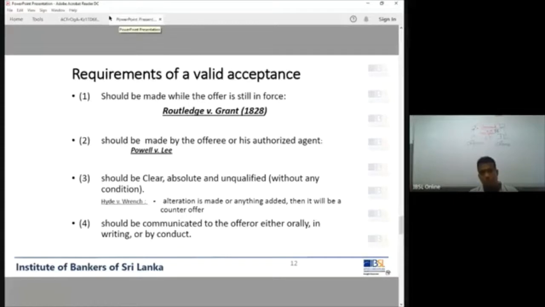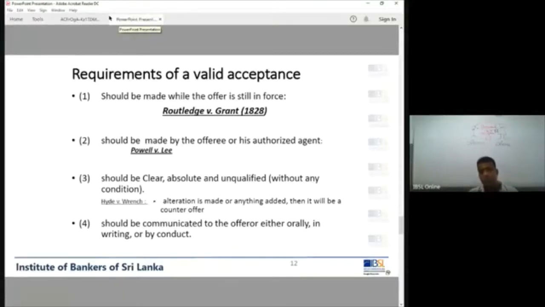Remember, the case law or case references are the icing on the cake. If you know the cases, you can decorate your cake with a nice icing, so you get extra marks. So it's good if you can remember the cases. If not, at least remember the theory.